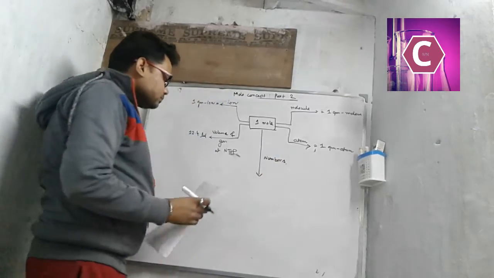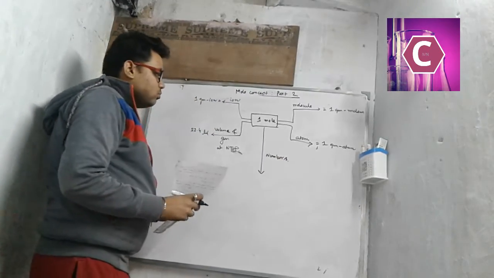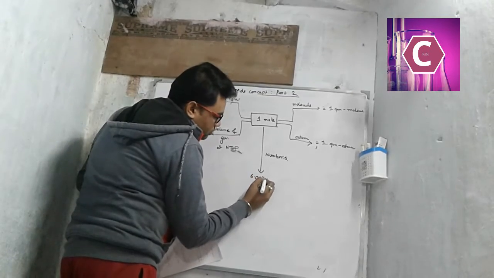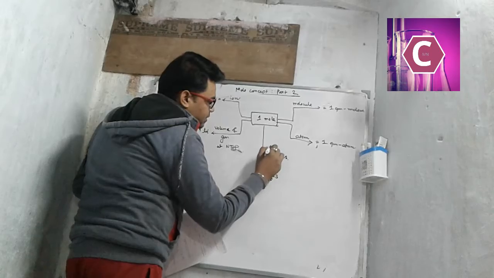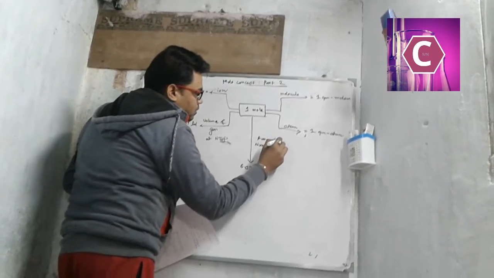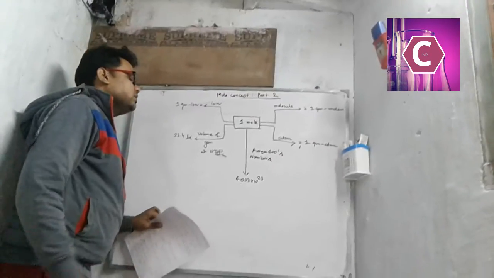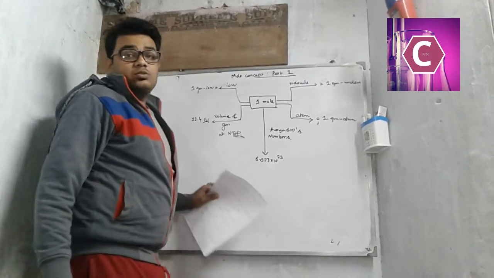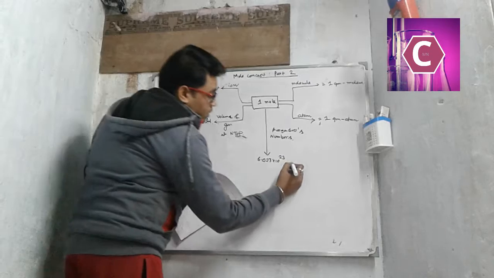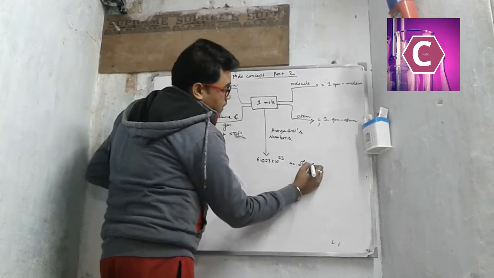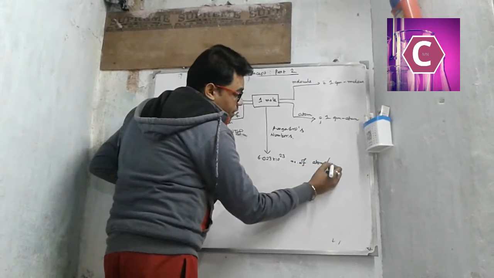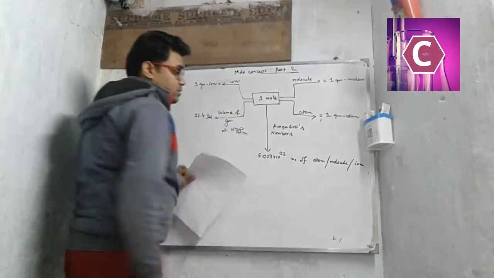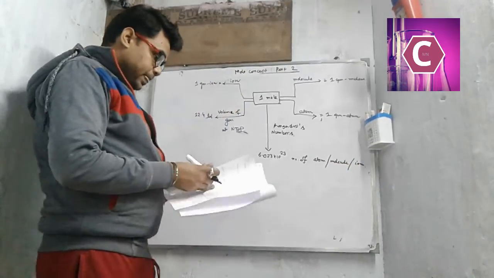The relation of mole with numbers is that 1 mole is equal to 6.023 × 10^23. This is the Avogadro number. The relation of mole with Avogadro number is that 1 mole is equal to 6.023 × 10^23 numbers of atoms, or molecules, or ions.